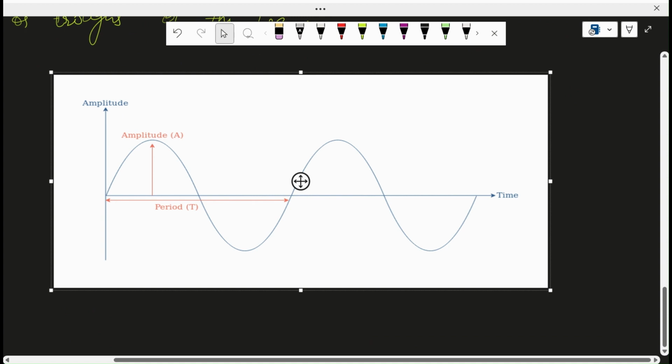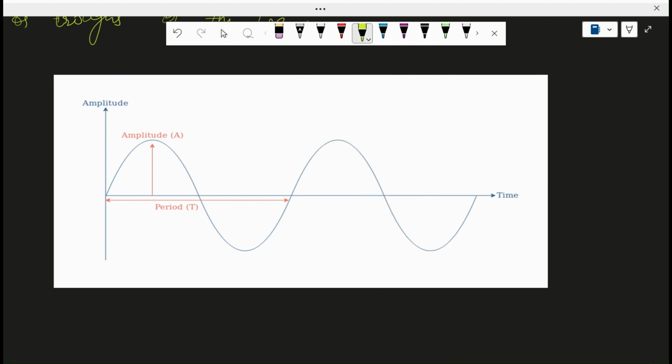So what will be the wavelength? That will simply be the distance between the two crests. This is the crest, this is the crest, this is the trough and this is the trough. So the distance between this and this will be denoted by lambda.